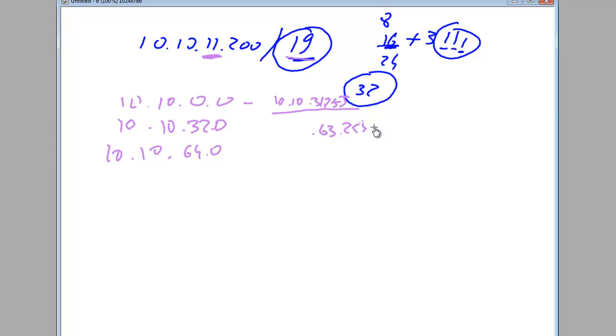So you have to be very, very careful with a question like that. And again, the key is to identify and to realize, oh, we are working in the third octet. Why? Because it is /19. Our previous one was 24 plus, and that's why we were in the last octet.